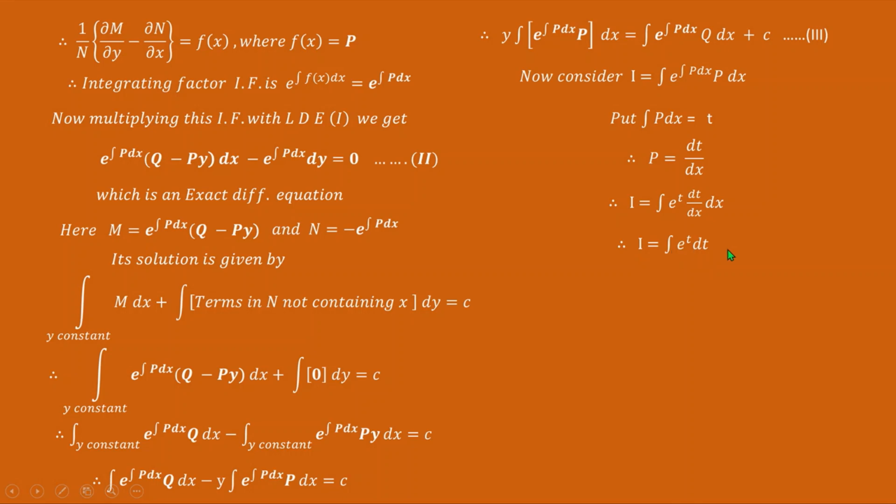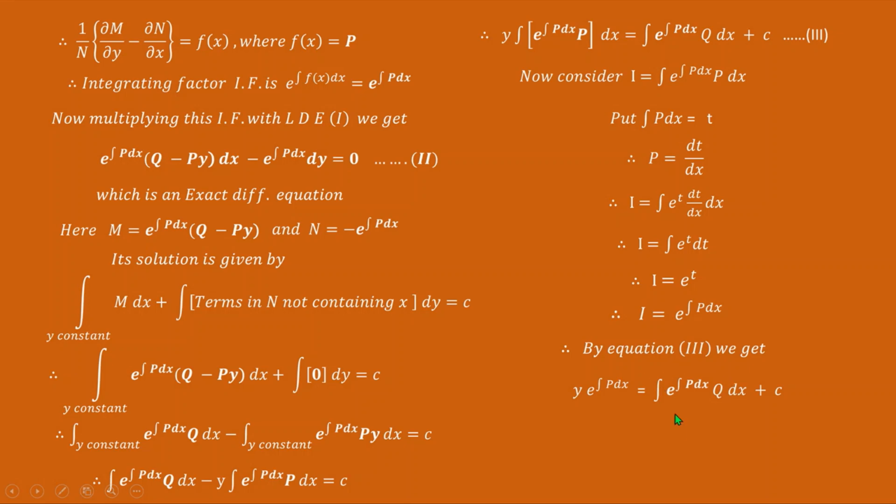Integration of e raised to t with respect to t is e raised to t, so I is equal to e raised to t. Now put the value of t as integration p dx, so we get I is equal to e raised to integration p dx. Now put this value of I in equation number 3, so we get y e raised to integration p dx is equal to integration e raised to integration p dx into q dx plus c.